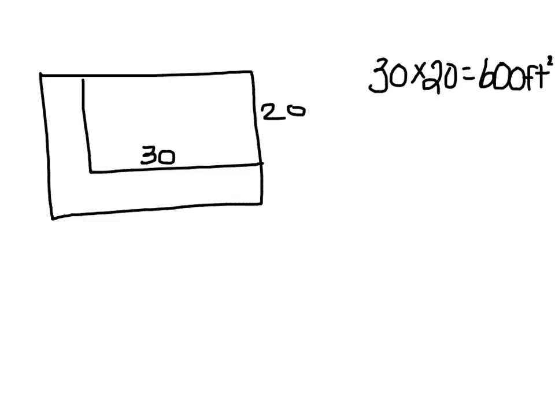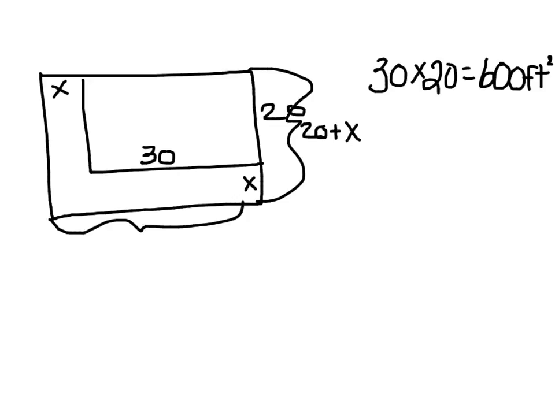Okay. Now, they want to add an extra piece onto each of those things. So this length right here would be 20 plus x, or x plus 20, either way you want to write it. And this bottom, the length would then be 30 plus x, or x plus 30. Okay? For part B, it says write an equation for the new area.